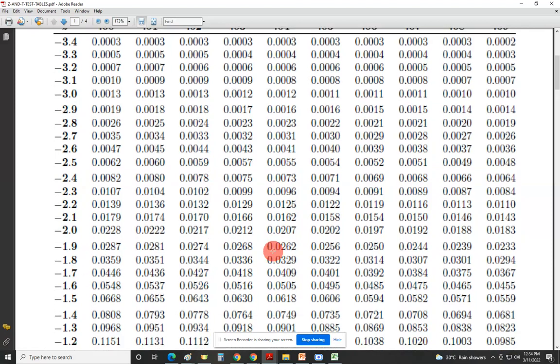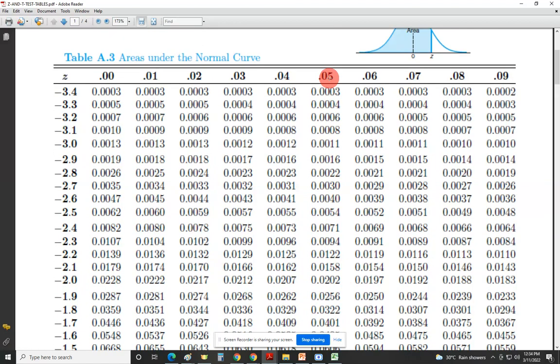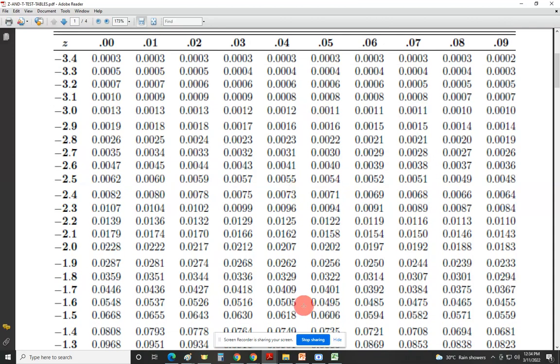The other value close to 0.05 is the alpha of 0.0495. The corresponding z value is positive 1.6 plus 0.05, so that is 1.65. To estimate the 0.05 alpha, you just need to get the average. 1.64 plus 1.65 divided by 2 gives you 1.645.